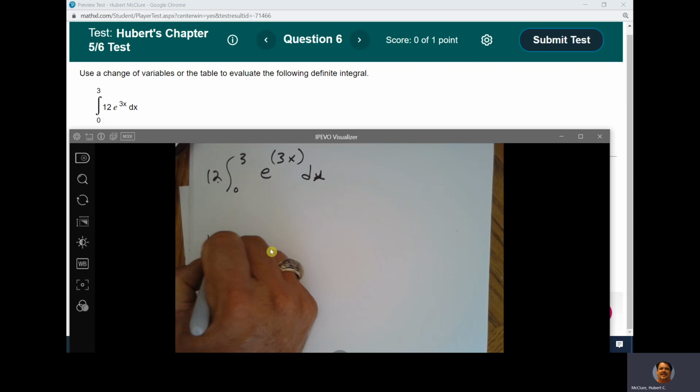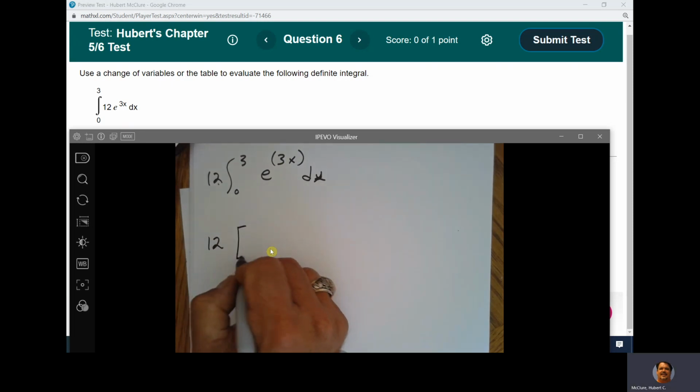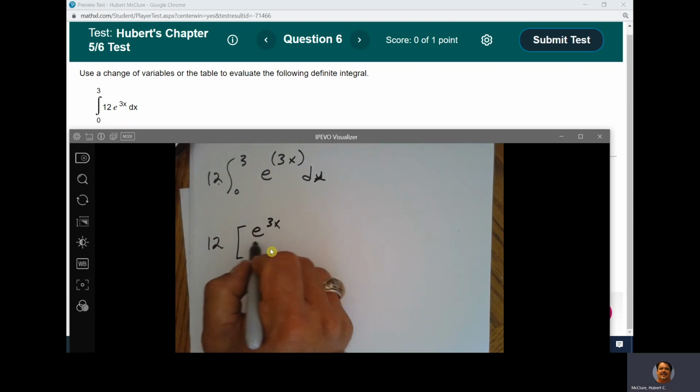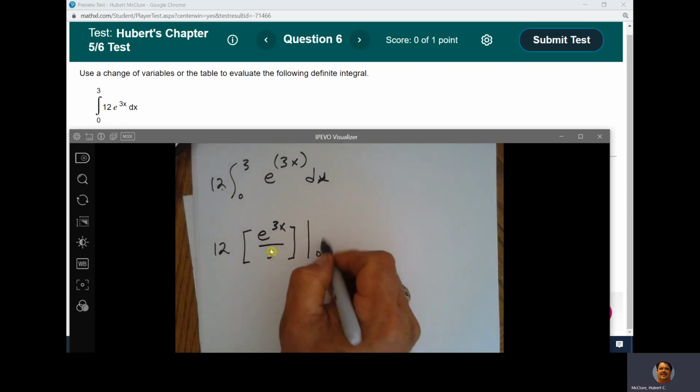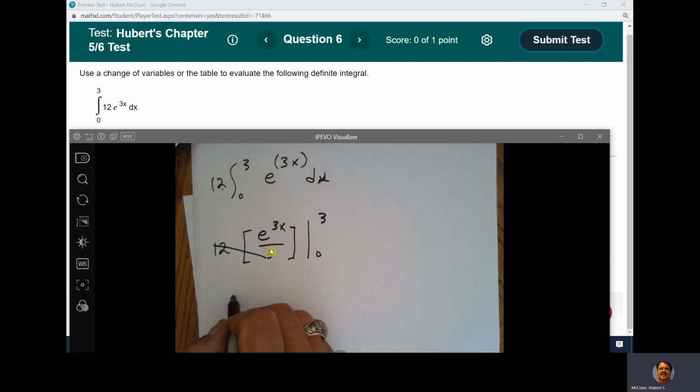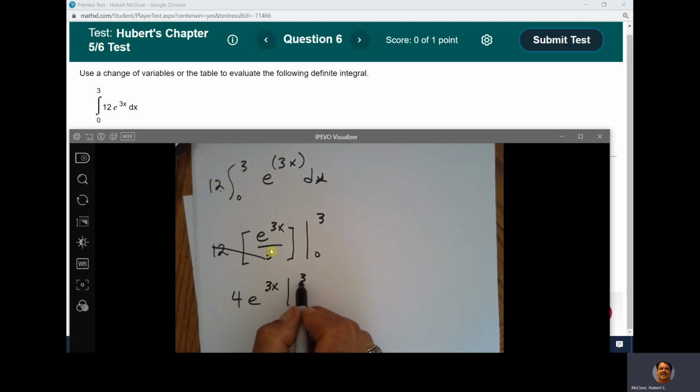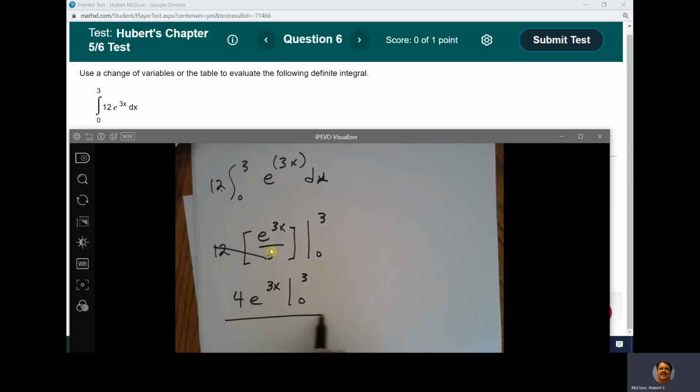So that's going to be 12 times e to the 3x over 3, evaluated at 0 and 3, and that's 4e to the 3x, evaluated at 0 and 3, and that's all I'm going to give you. You should be able to finish it.